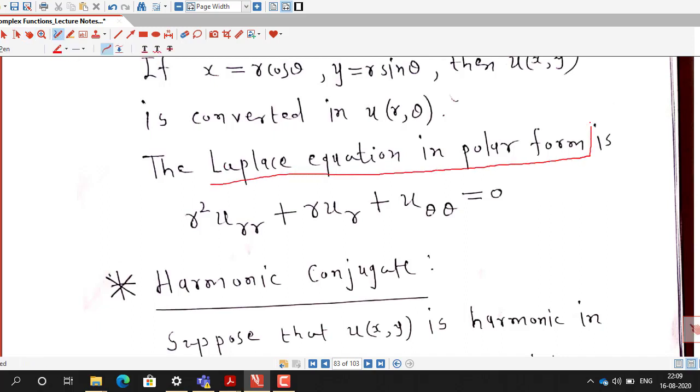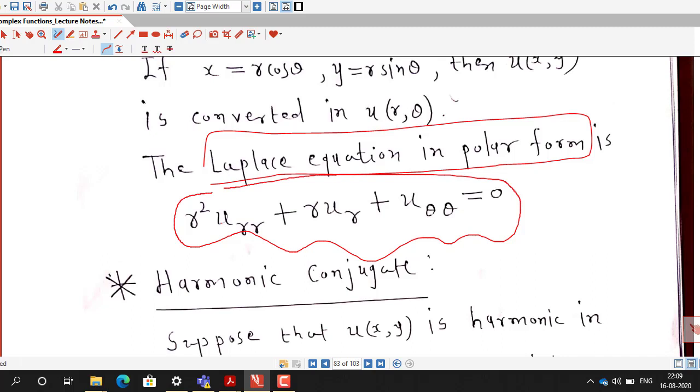This is the Laplace equation in polar form: r square into del square u by del r square, plus r into del u by del r, plus del square u by del theta square. The Laplace equation in Cartesian form is u_xx plus u_yy equals 0, and the equivalent form in polar form is this one.